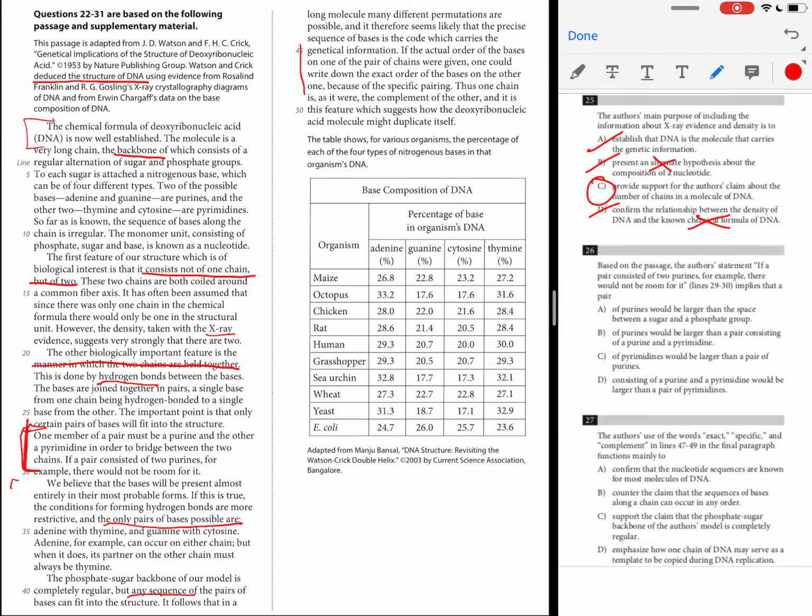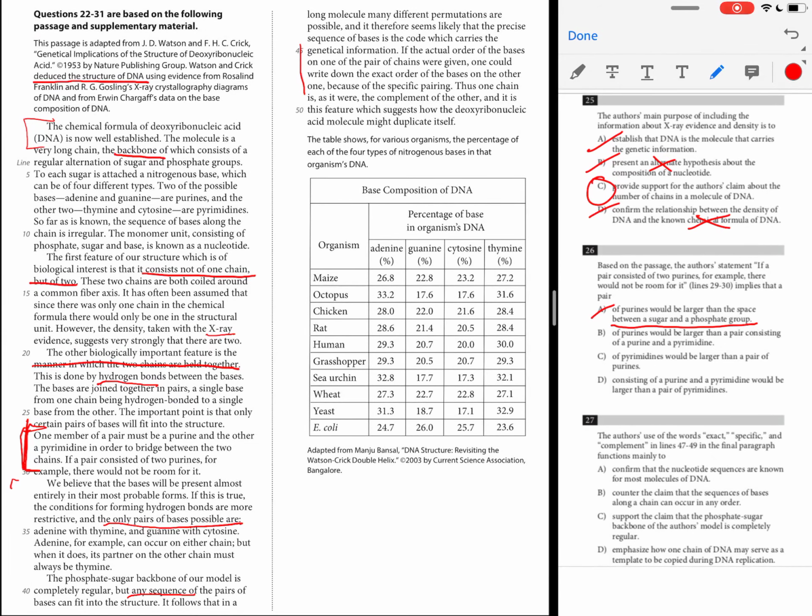I'm not sure, but I'm going to make that my guess, and then I'm going to look through my options. A, of purines would be larger than the space between a sugar and a phosphate group. It's not really about that. So that really doesn't make that much sense.